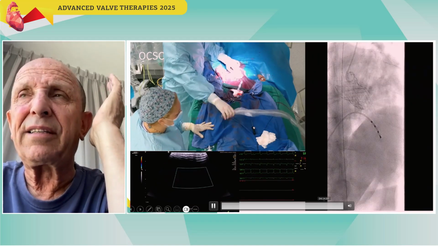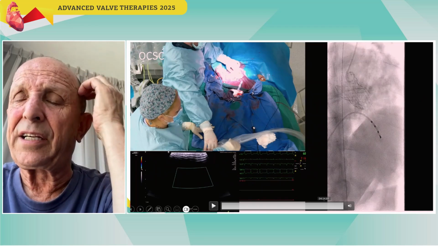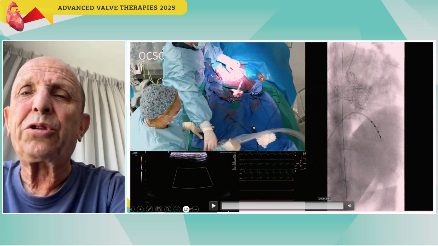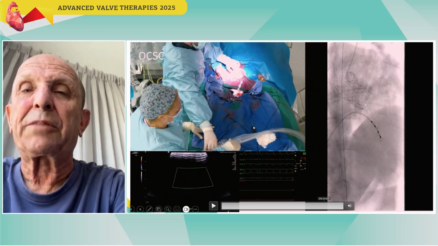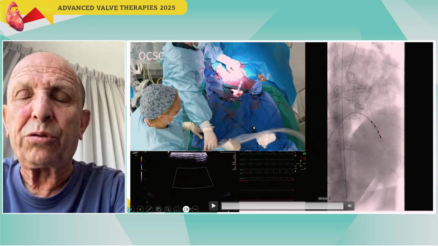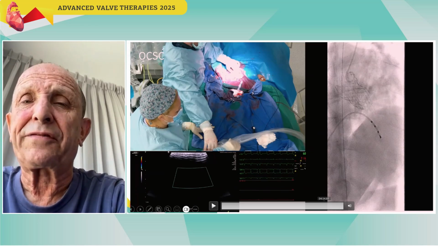And regarding this, I think that if you are pre-dilating, Ioannis, you should not be afraid of pre-dilatation with a much, much bigger balloon. You have an experience of many, many hundreds of cases.